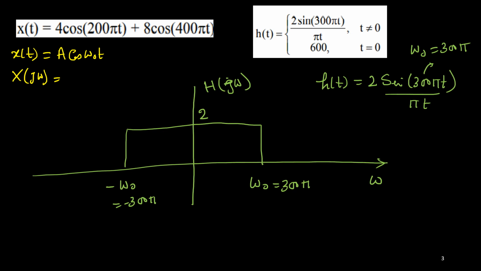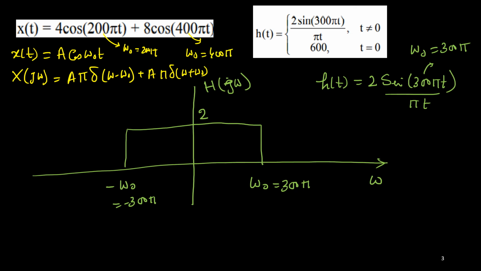So that will be a times pi delta of omega minus omega naught plus a times pi delta of omega plus omega naught. Okay, so in this case this is your 4 cos omega naught t. For that, this omega naught is 200 pi, and for this one omega naught is 400 pi.